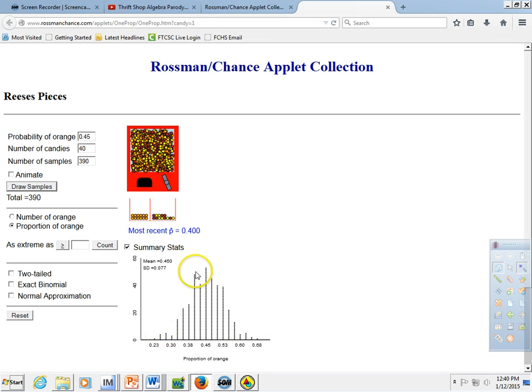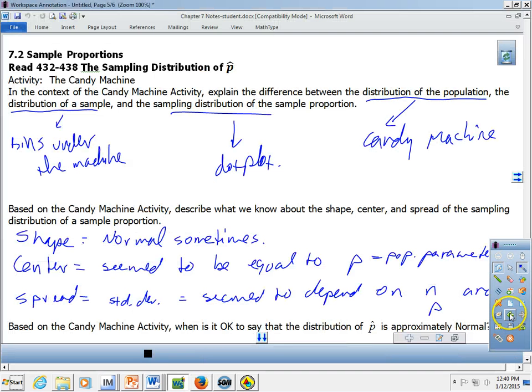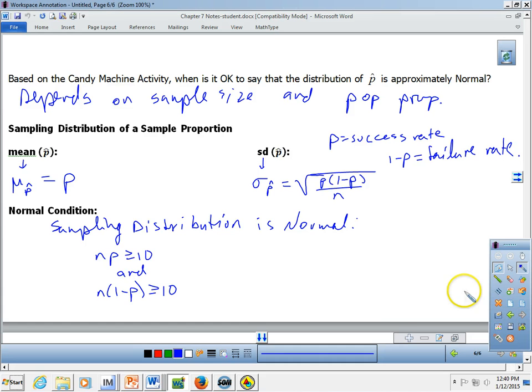So this collection of samples could fit into a normal curve, at which point we can just sketch the density curve, the normal curve, and use our normal calculations to talk about the proportion of samples that are bigger than, less than, or in some interval of proportions, okay? And this is all true for our sample proportions in our sampling distribution, okay?